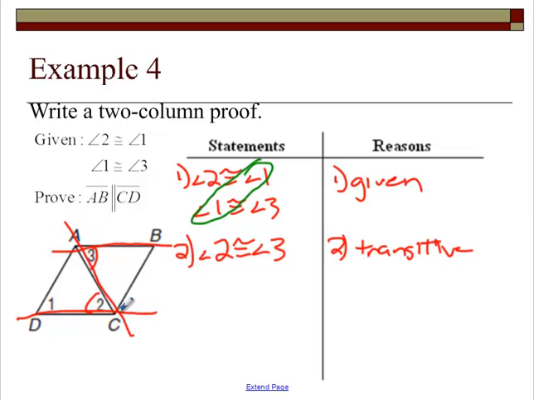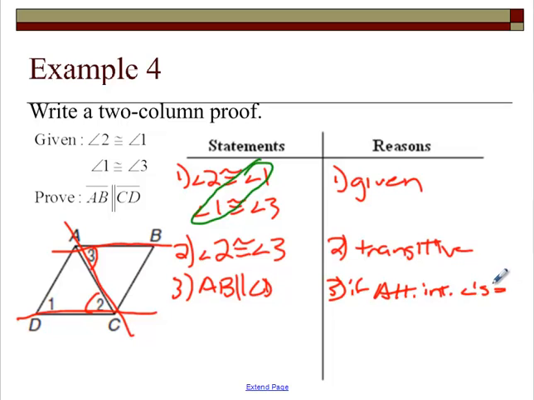If you could focus only on the ones in red, not the two on the left and the right, 2 and 3 cross the transversal, but they're in between the parallel lines. Since they're in between them, that makes them alternate interior angles. If alternate interior angles are congruent, then we have parallel lines.